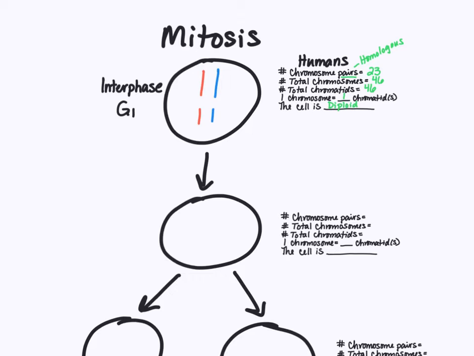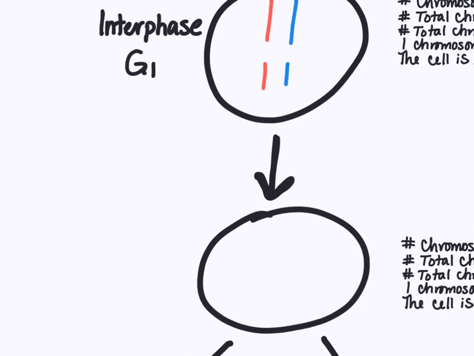So now let's take a look at what's happening at this arrow here. Let's see what happens between this first circle and this second circle. This arrow stands for the S phase of interphase. Remember that the key thing that happens during the S phase is DNA is replicated.